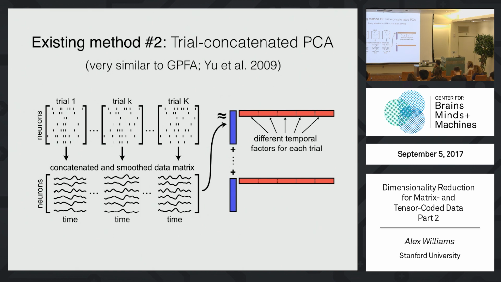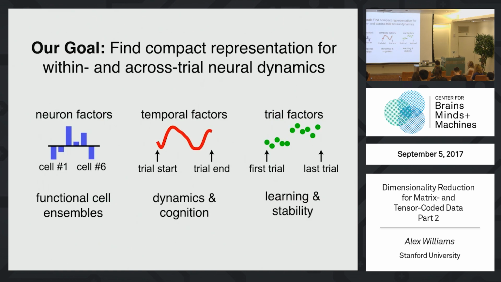And while this also can be a very useful technique, it doesn't reduce the dimensionality across trials. And as a result, it hasn't been used, to my knowledge, to pick out things like learning across many trials, at least yet.